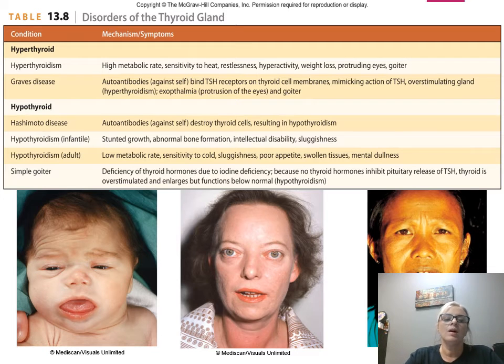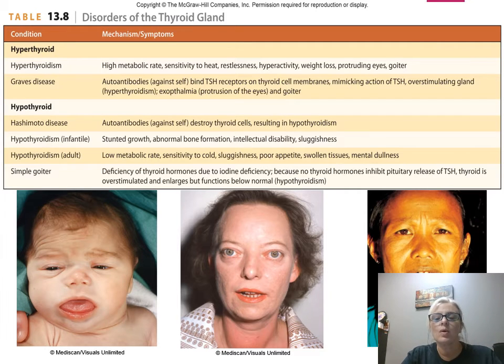You can have a thyroid that works at too high of a level, and we call that hyperthyroid, or you can have a thyroid that works at too low of a level, and that would be hypothyroid. Here are some examples. With hyperthyroidism, you're going to see a very high metabolic rate.